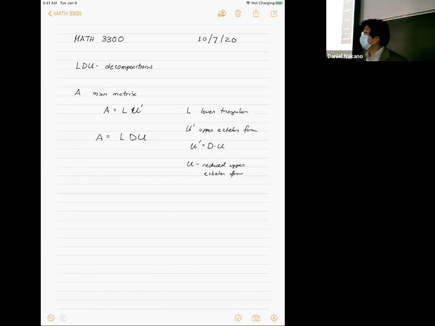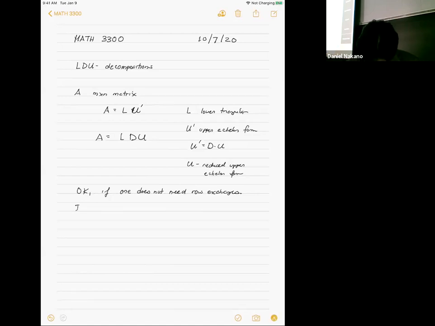Now, this is assuming that you don't have any row exchanges. So this is okay if one does not need row exchanges. If you actually do need row exchanges, then what you have to do is multiply by a permutation matrix.